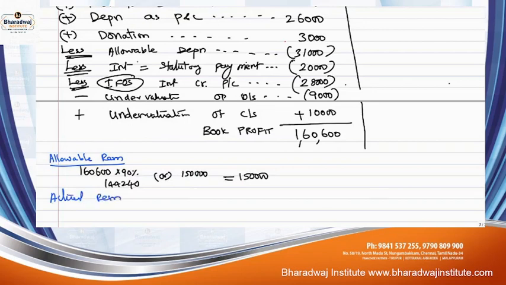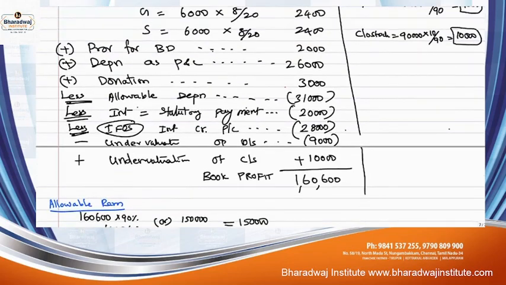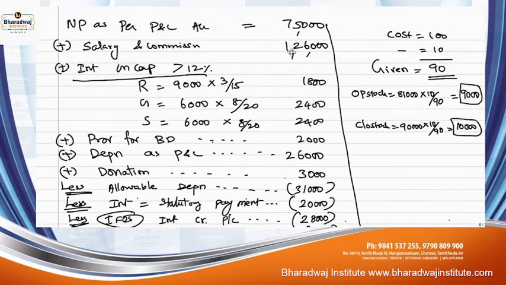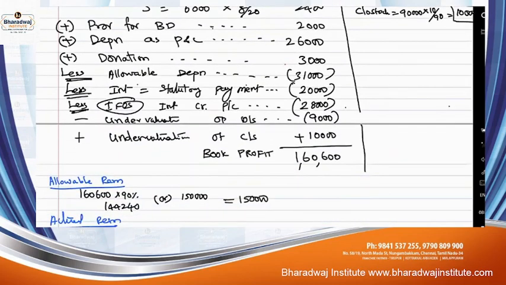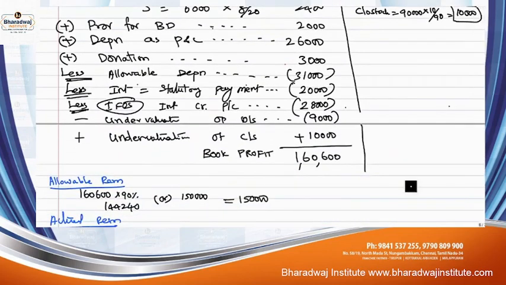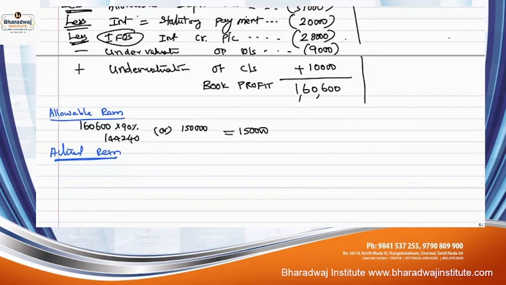Look at the actual remuneration paid. What is the actual remuneration paid? Already we have added it. Actual remuneration paid is 1,26,000. So we can claim how much now? Yes, 1,26,000 we can claim.